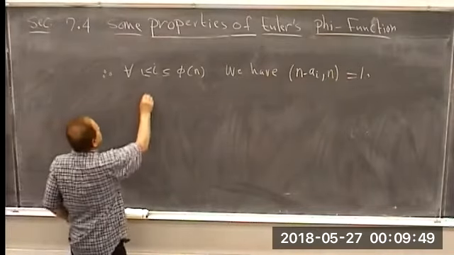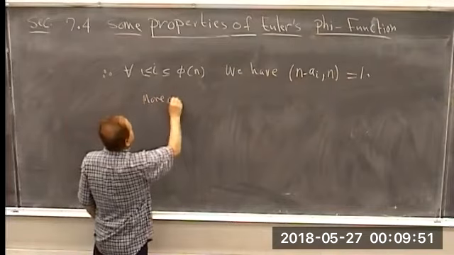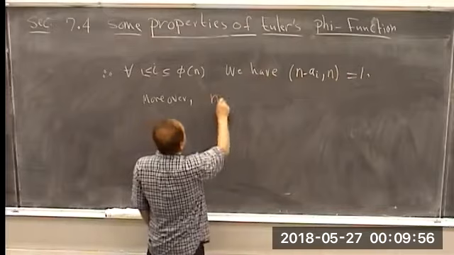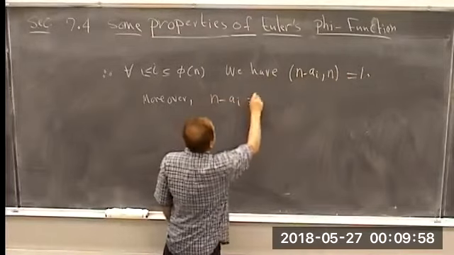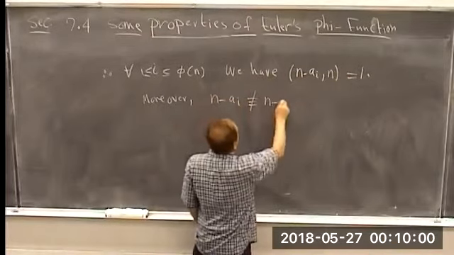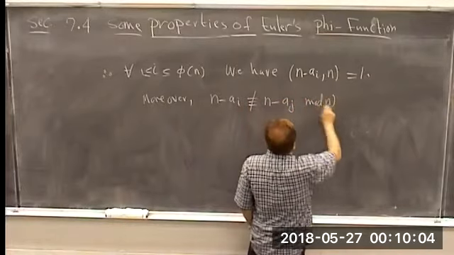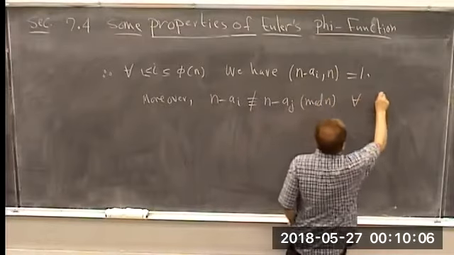Moreover, we have n minus a sub i is not congruent to n minus a sub j mod n for every i not equal to j.